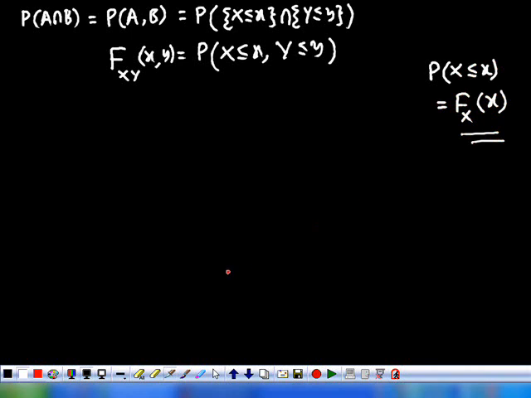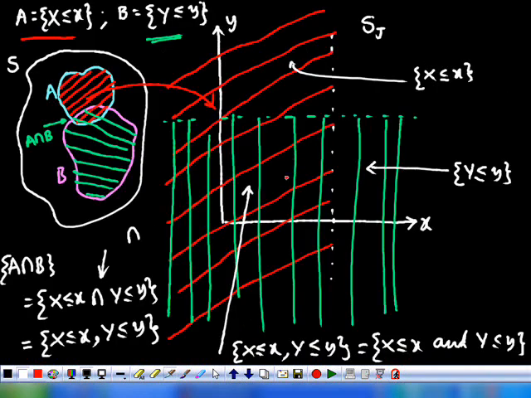So the same concept is extended to the two random variables. If you have two random variables, the joint event of the two random variables is defined as X less than or equivalent to x and Y less than or equivalent to y. The probability of this event, the event that is indicated in this region in which the lines are crossing.